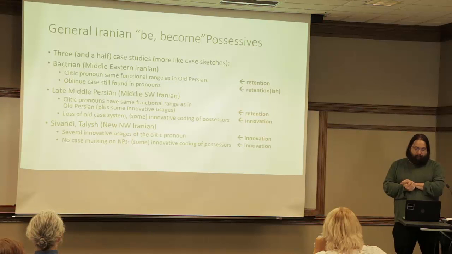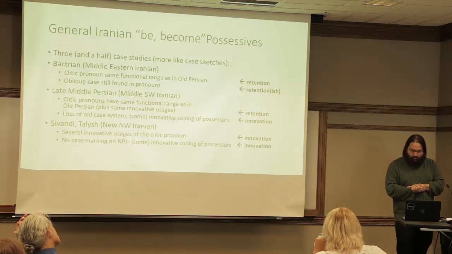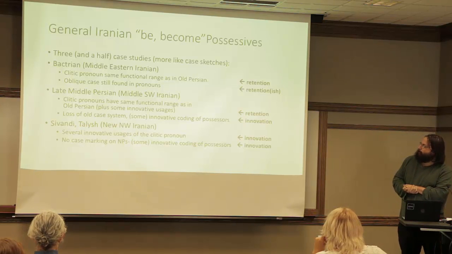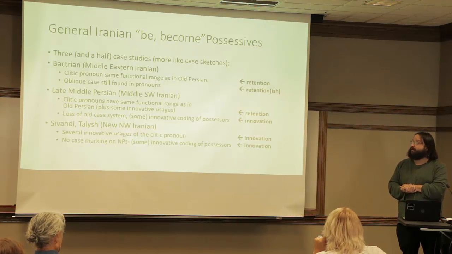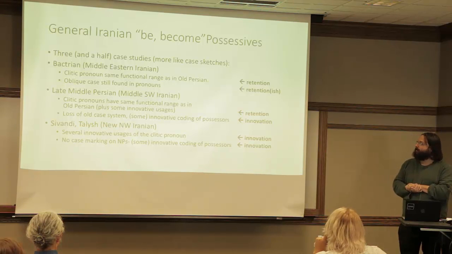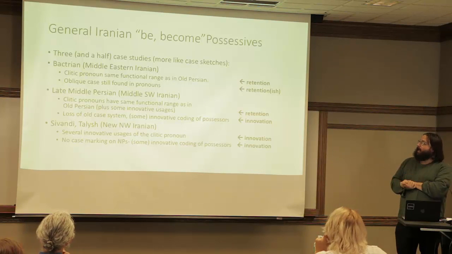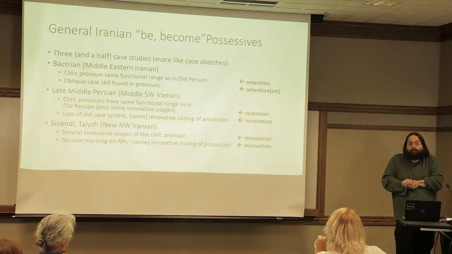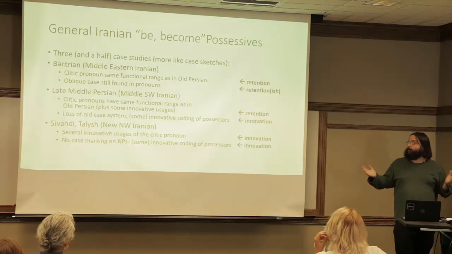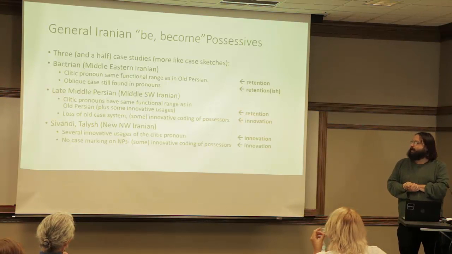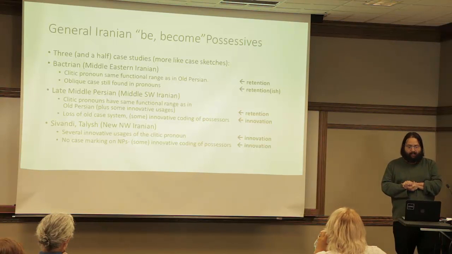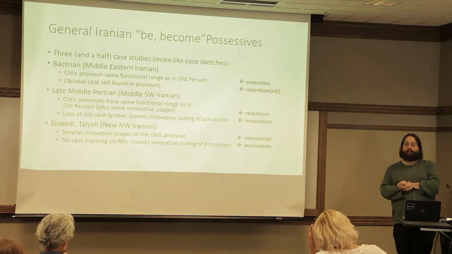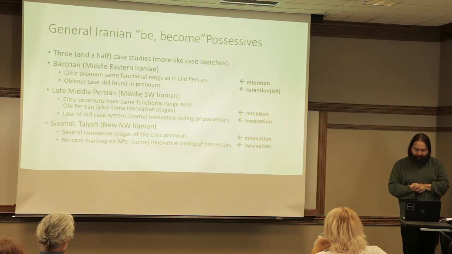Then we're going to have examples from late Middle Persian, which is my favorite language on earth, where we have clitic pronouns with the same functional range, more or less. They have some innovative usages which are not of interest for this talk, retained, and as the case system was completely lost by late Middle Persian, they have some weird innovative strategies of coding possessors that might point to dialectal differences within late Middle Persian.